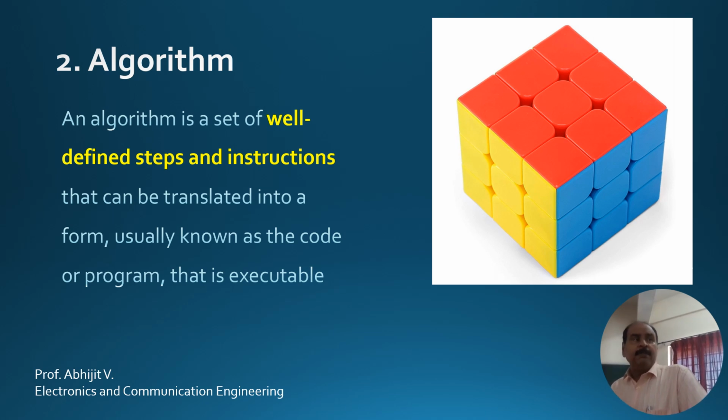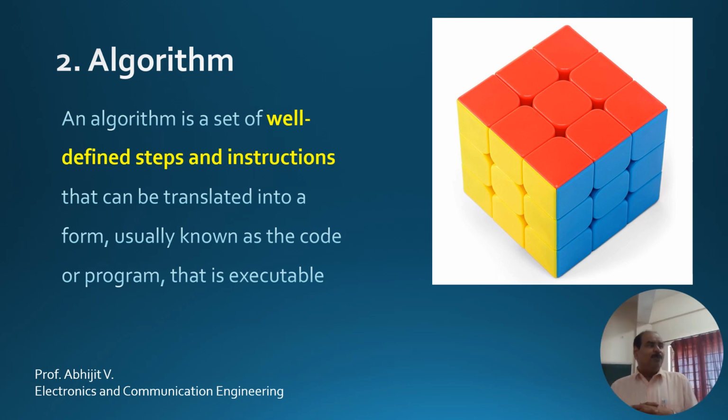The best example of where we use the algorithmic approach to solve problems is a Rubik's Cube. In Rubik's Cube, if you know the steps, you might have seen people, even blind people, capable of solving Rubik's Cube in seconds.